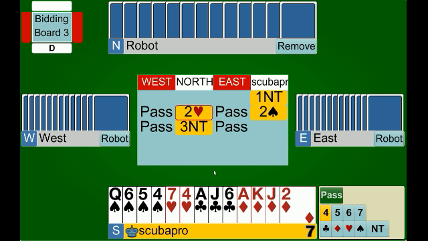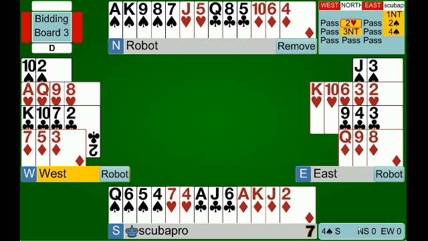Whenever we have 3 or more in support of the major that partner has transferred into, we correct back to our major suit. That is our number one priority, folks. We still want to play major suits first when we have an 8-card fit, then no trump, and then once again a very big gap down to playing 5 of a minor suit.